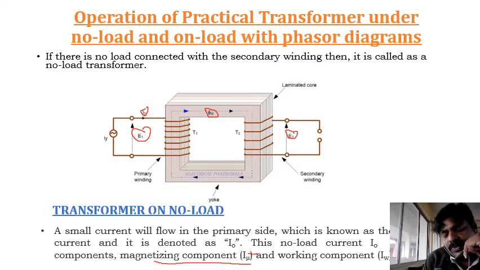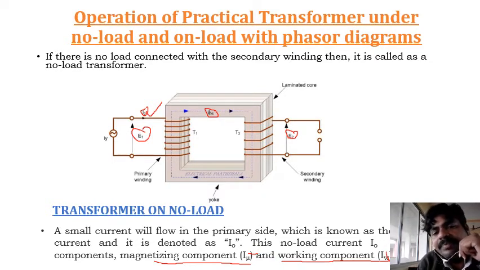And the second one is the working component, also called the wattful component. It is denoted by the symbol IW. There is no load connected here, so once you introduce the single phase supply to the primary winding of a transformer, obviously a no load current flows through the primary winding.